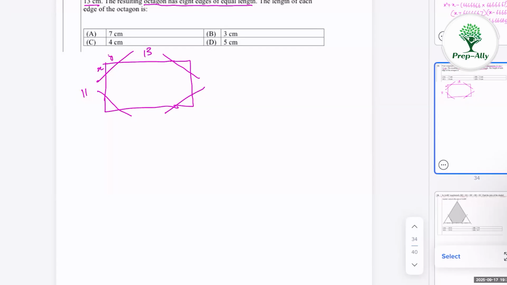So if these two sides are xy, then it should either be xy here or yx. Now, if we think about it, the two possible cases are this, right?